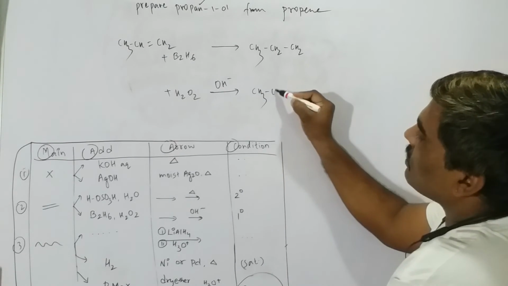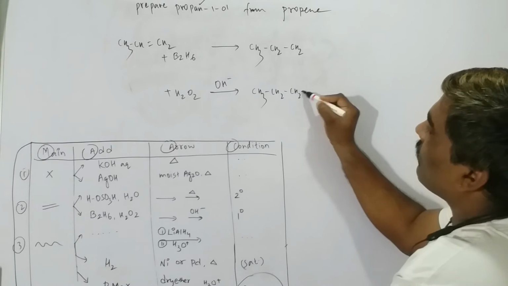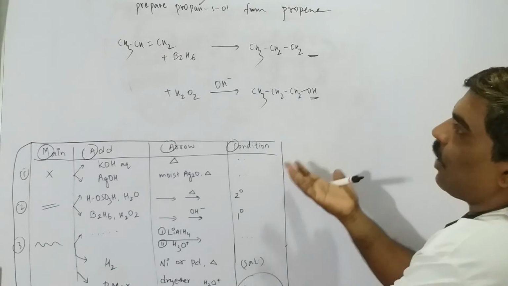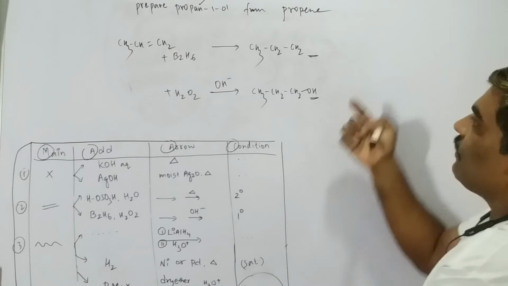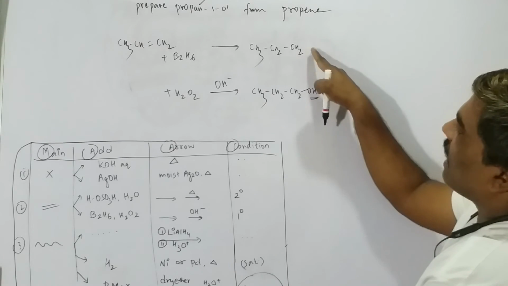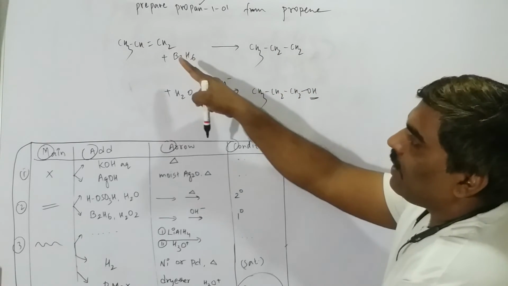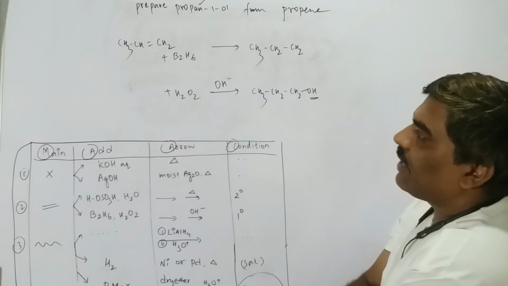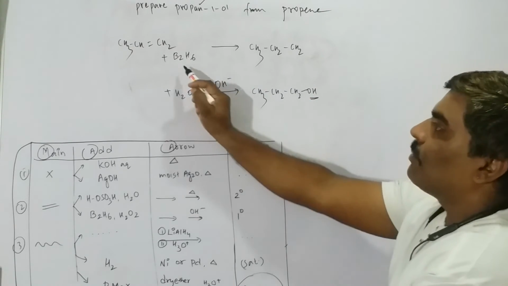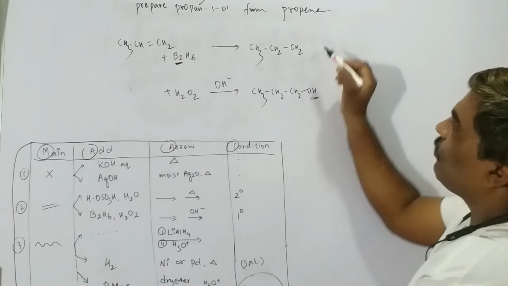Alcohol forms in the second step. If alcohol is here, we cannot write OH there. So what will you write in that place? Here we write the element which is extra on the left-hand side but not there on the right side. What is missing? Boron is missing. So put boron.